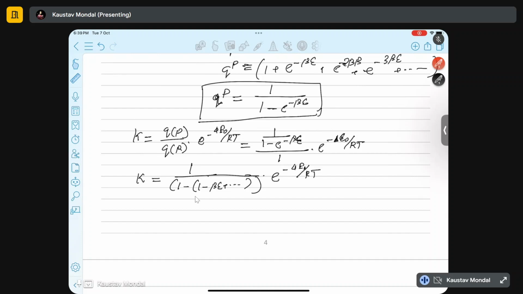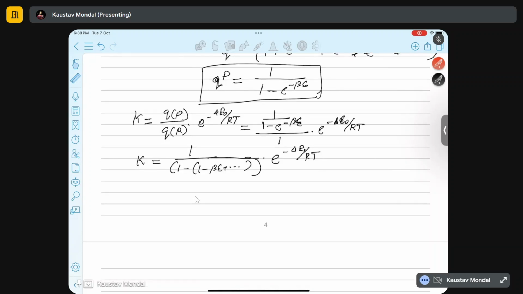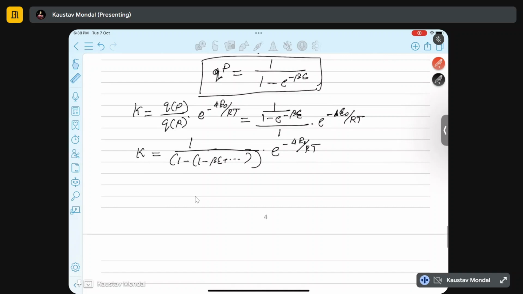Now for high temperature, beta would be very small, so we can ignore the higher order terms, beta square or beta cube. We will consider only the first order term, up to beta E. In that case the whole expression will look like this.